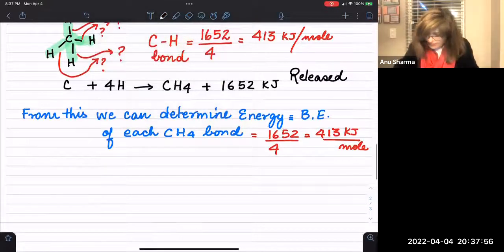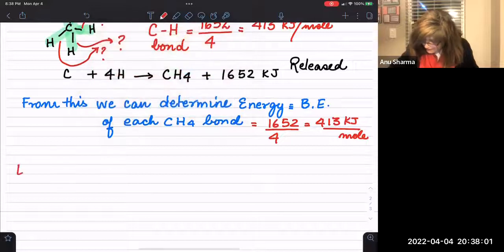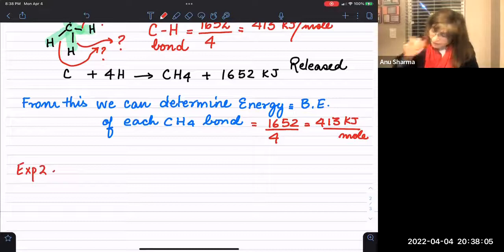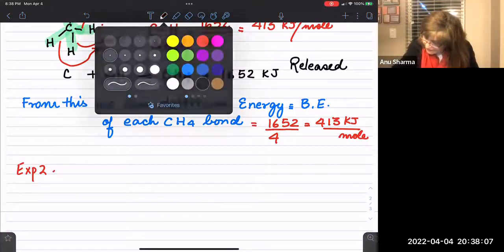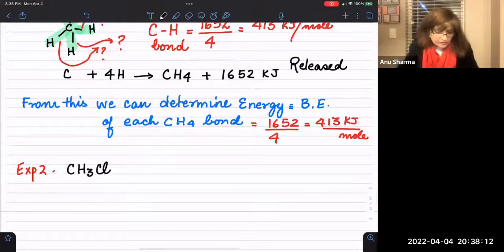Now let us say you have some examples here. This was the first one, and now let's look at the second example. Here you have CH3Cl, okay?